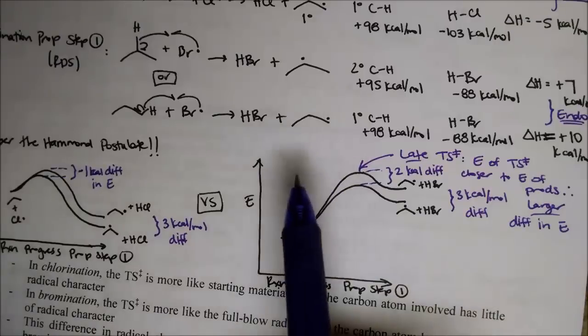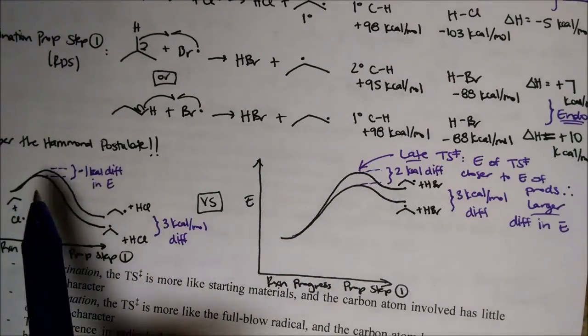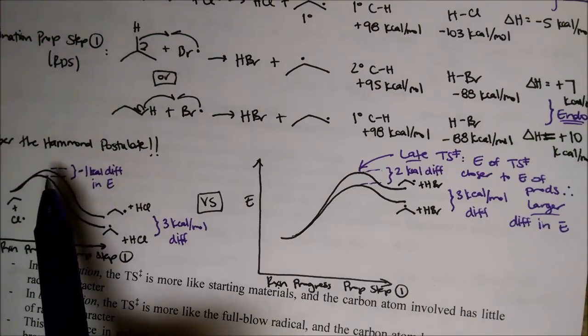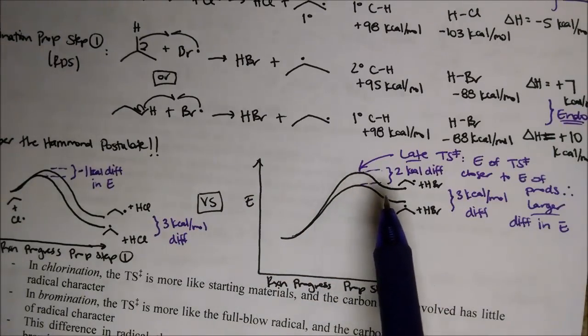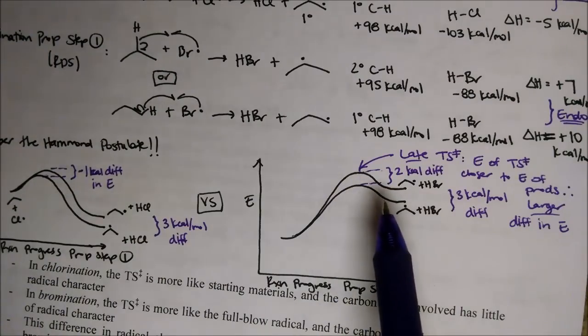Because there is a slightly more stable path, and here they're closer in energy, it doesn't really matter which path, because they're so close in energy. But here they're a lot more different in energy, and so it would rather take that more stable path more of the time. Again, that's because it's a late transition state.